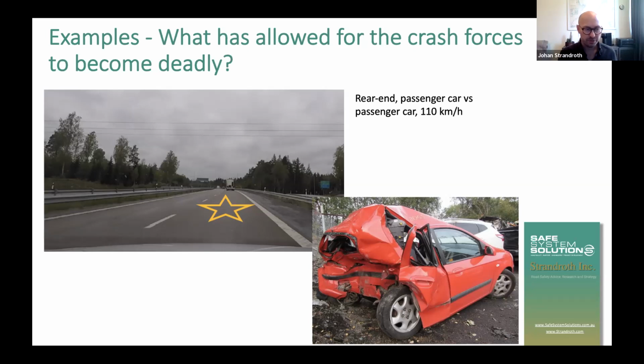I don't really remember, it was a queue lined up, but in any way, this car was standing in the right-hand lane, stopped there, and another passenger car comes in at 110 kilometers per hour, smashing it from behind. Acceleration forces, the driver died.